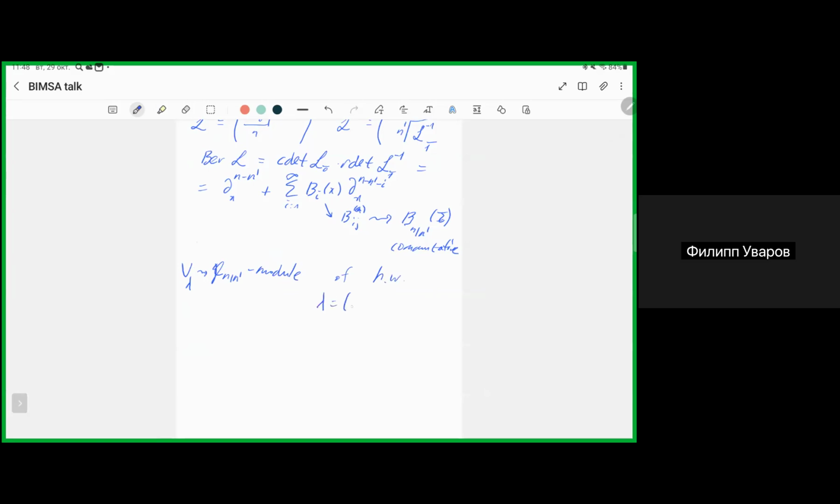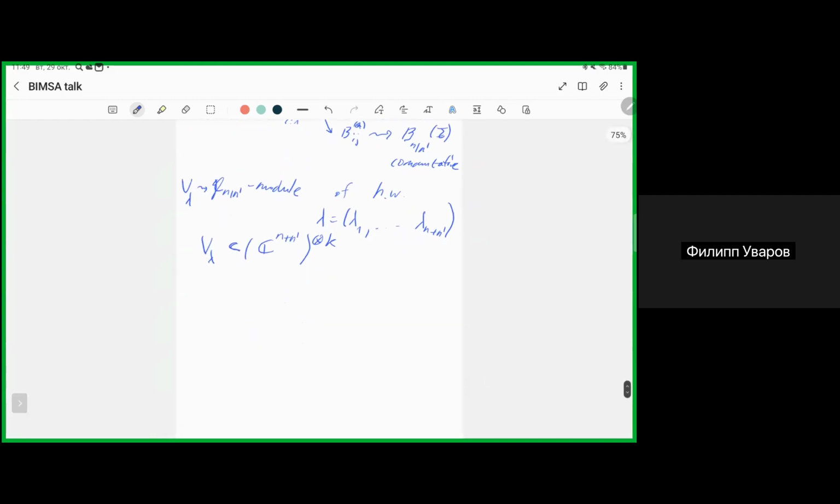Lambda now has a sequence of n plus n prime numbers. Again, I would like this V lambda to be polynomial, so I would like it to live in C^{n+n'} tensor k for some k. And this gives me some condition on my lambda.